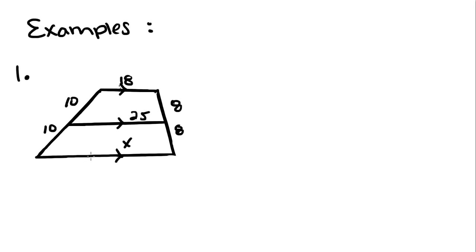So we have this, and if you remember, we're going to call this M. The length of M is equal to base 1 plus base 2 divided by 2. So to find the length of x, we're going to plug all of this information into our formula.